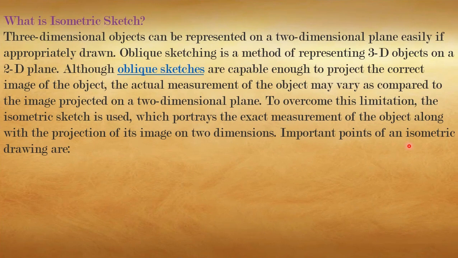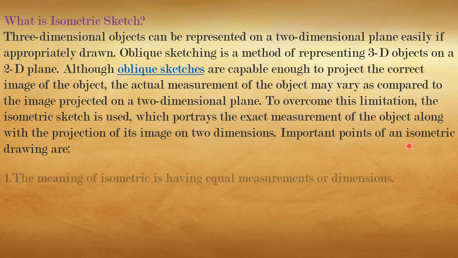In the same way, object measurement can vary as compared to the image projected on the two-dimensional plane. But if we want to overcome these limitations, the isometric sketch is used, which portrays the exact measurement of the object along with the projection of its image on the two dimensions.